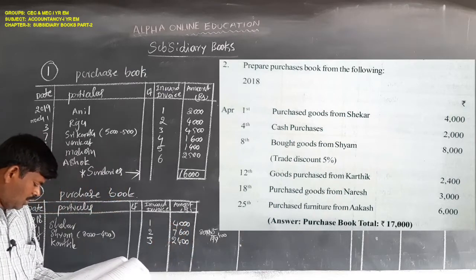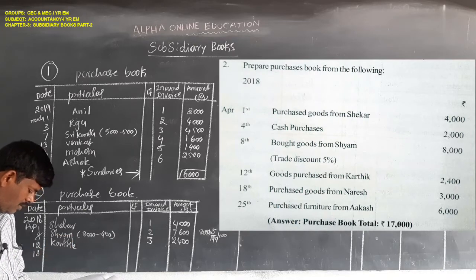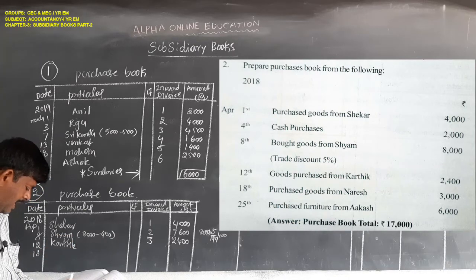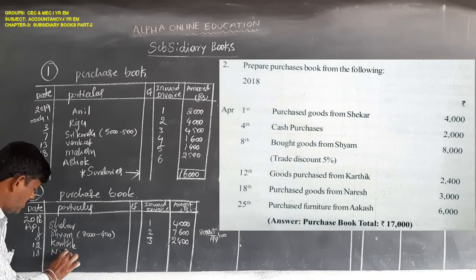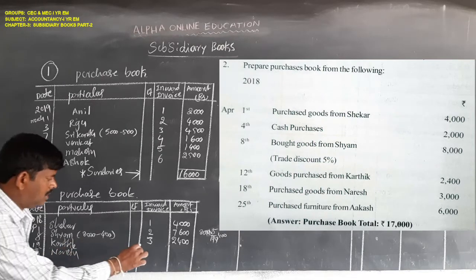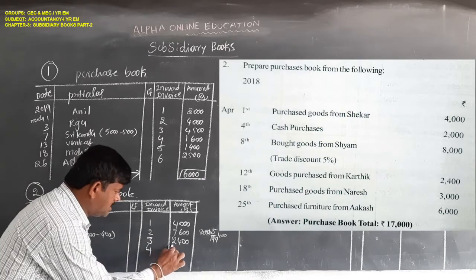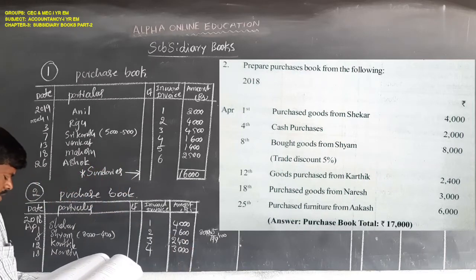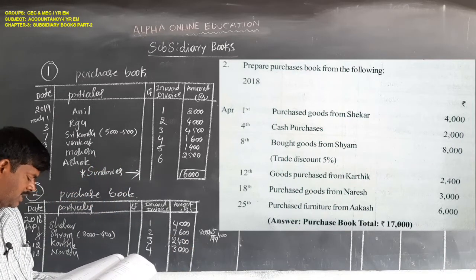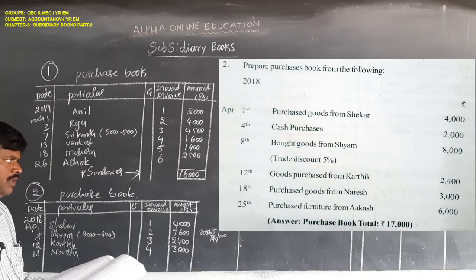Next, 18th date, Naresh. Invoice number 4, amount is 3000 rupees. 25th is purchase furniture. It is asset purchase on credit basis. It is not taken into the purchase book.